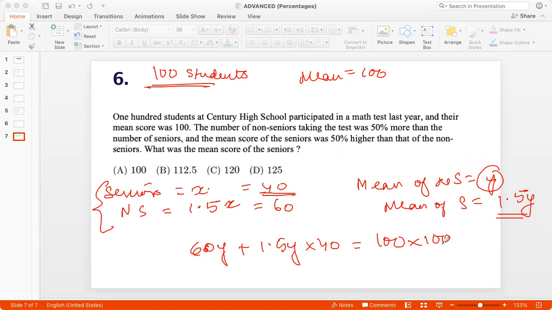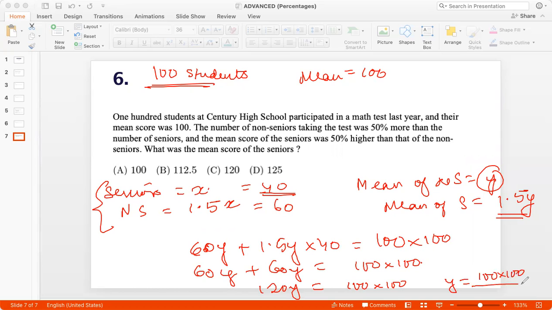So now I have an equation in y. So I get 60y plus 60y is 100 into 100. So 120y is 100 into 100. So y is 100 into 100 by 120, right? Do we need y? We need the mean score of seniors, which is 1.5y.